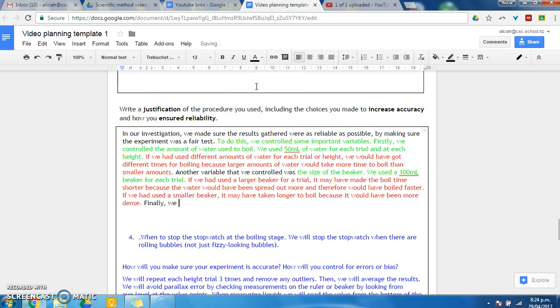Still in red. We controlled when we stopped the stopwatch at the boiling stage.